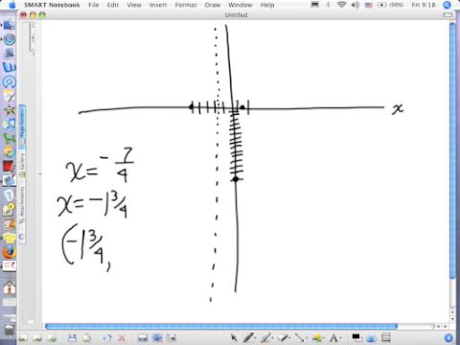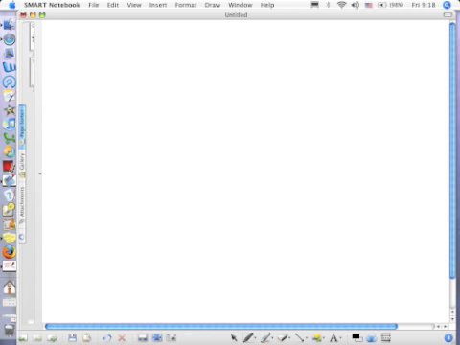Plug that in for x and solve, right? This is getting more detailed than I want to, but I wanted you to see how to find the zeros of a function. It's setting the function equal to 0, factoring, and then figuring out what they are. When we're finding the zeros of a function, we're not going to be graphing. We're just going to be looking for those actual answers.